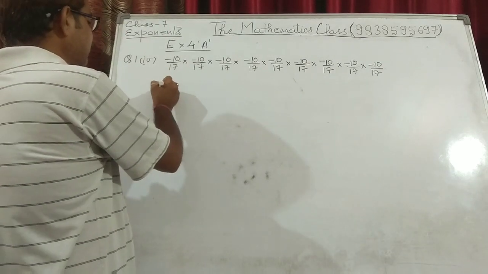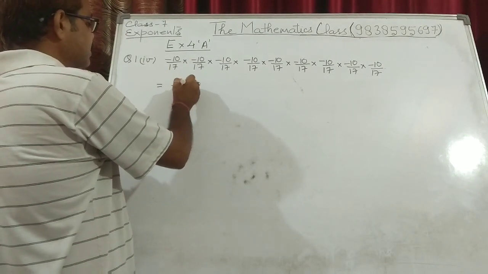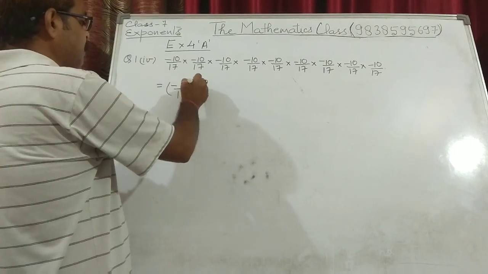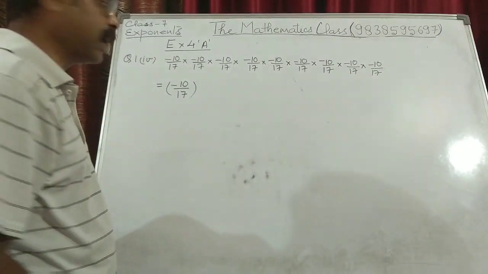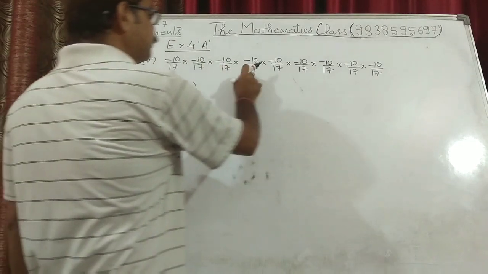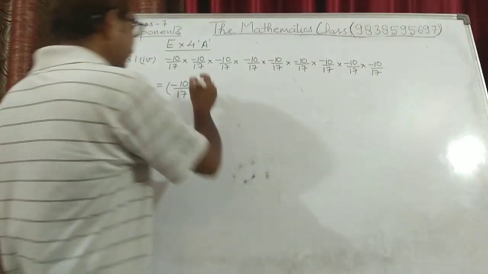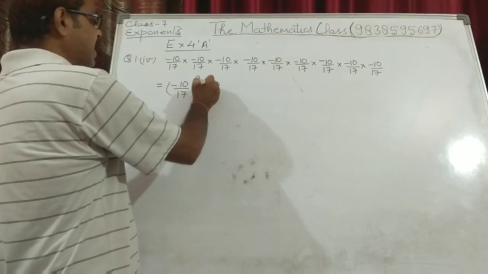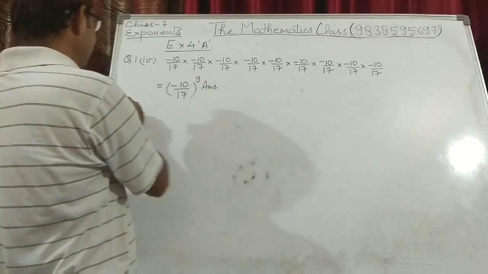So simply this can be written as minus 10 upon 17 to the power, how many times is it multiplied by itself? 1, 2, 3, 4, 5, 6, 7, 8, 9. 9 times, so it will become minus 10 upon 17 to the power 9. That is the final value.